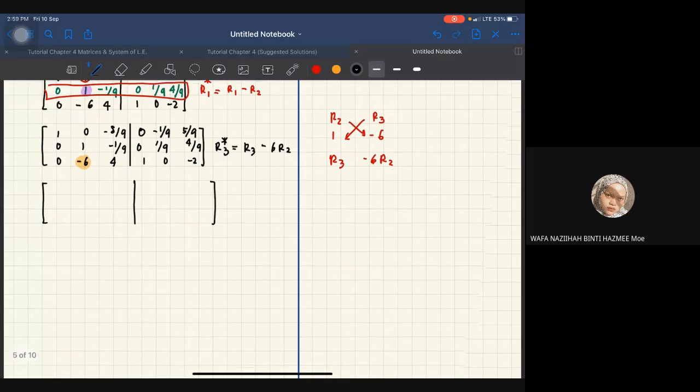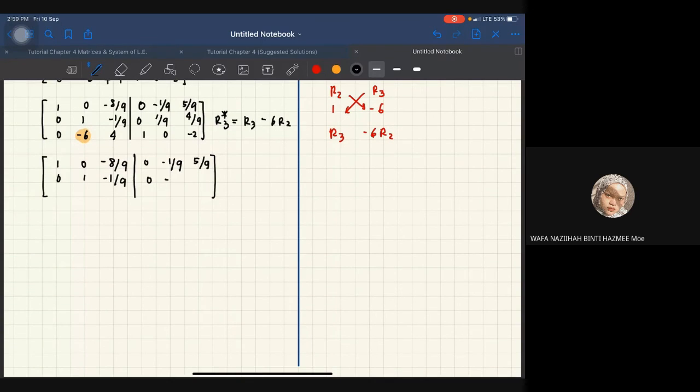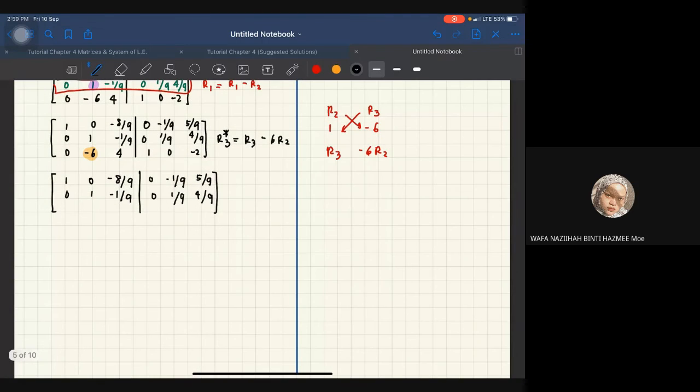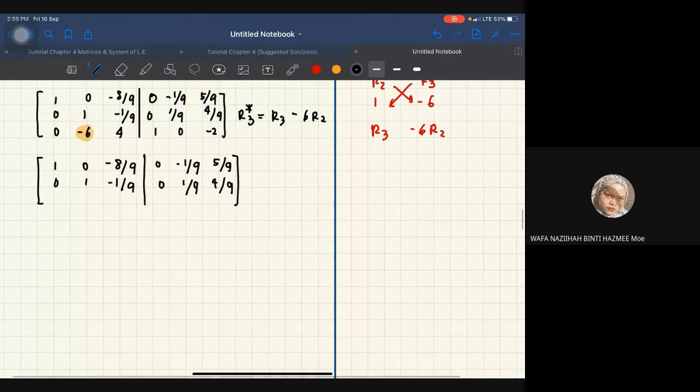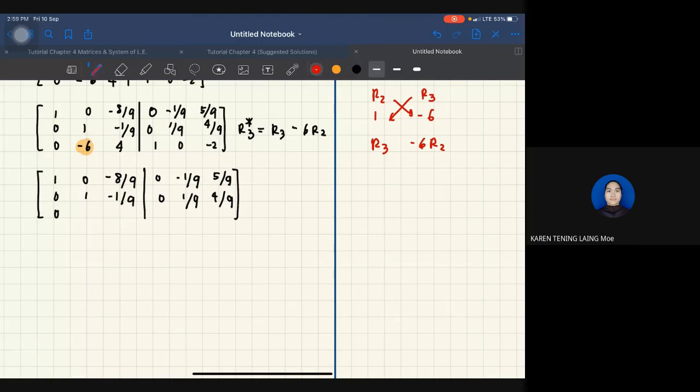Okay, so cuba kira untuk third row ni awak dapat apa? This one 0. Kosong. Kosong juga. 14/3. Yang this one, ya, 14/3. Okay. Lagi. This one is 1, I think.